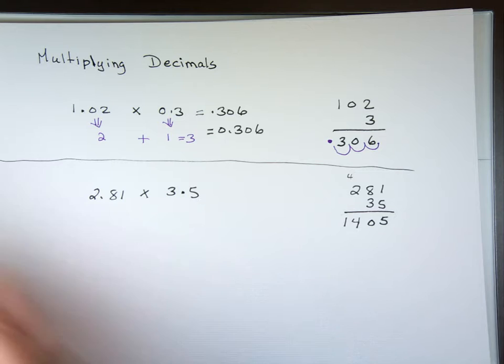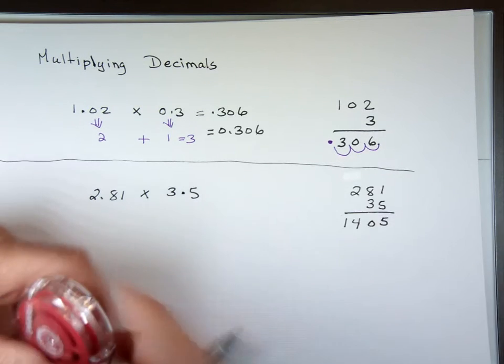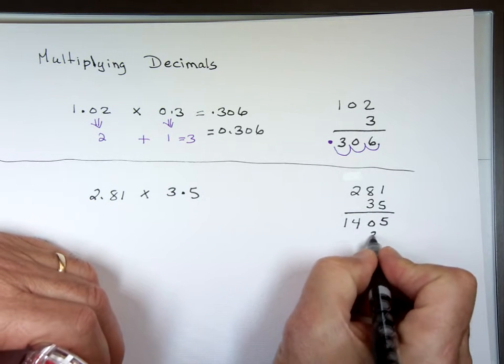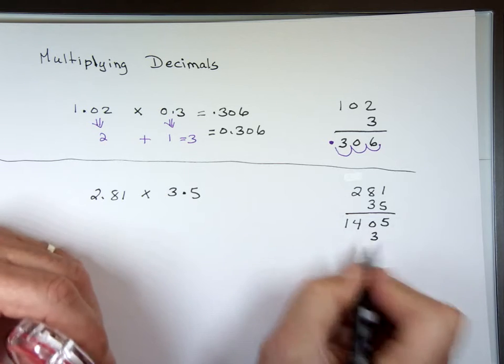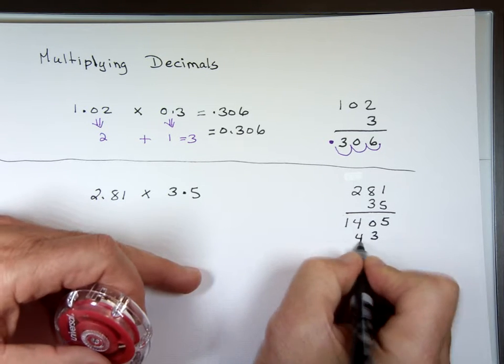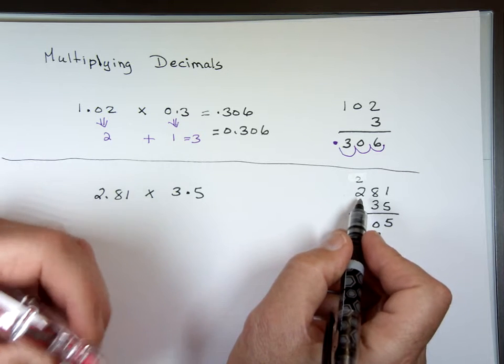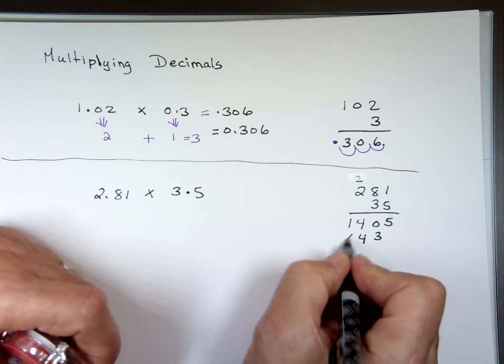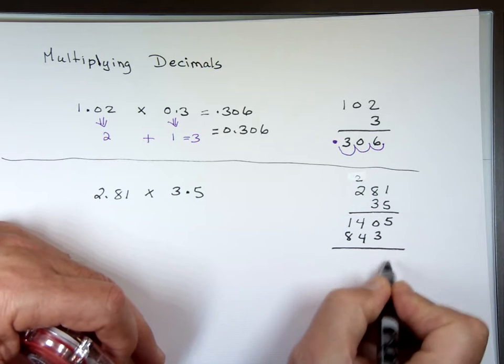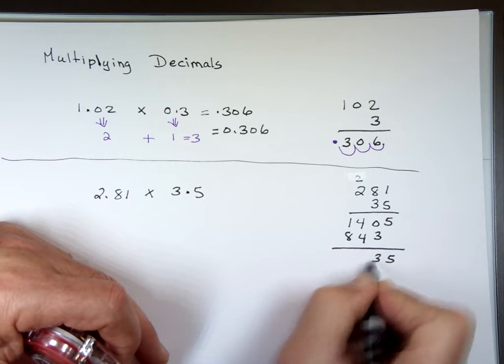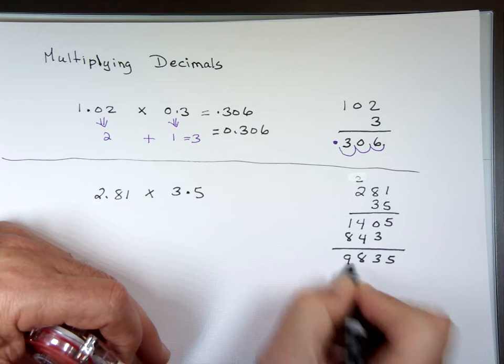Now let's try the 3. 3 times 1, 3. 3 times 8, 24. 4, carry 2. 3 times 2, 6 and 2, 8. 5, 3, 8, 9.